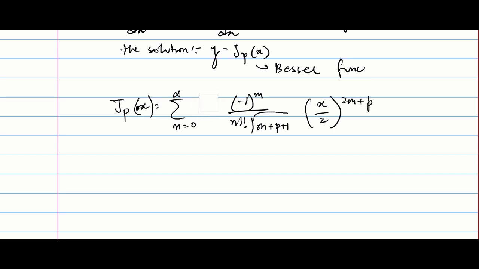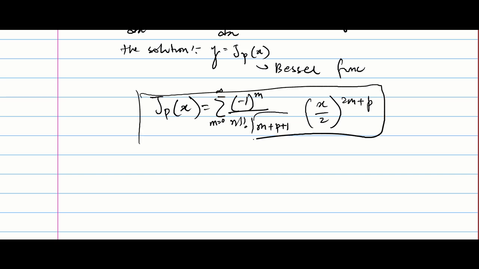Let me write it properly. Jp(x) equals the sum from m equals 0 to infinity. So this is the solution.